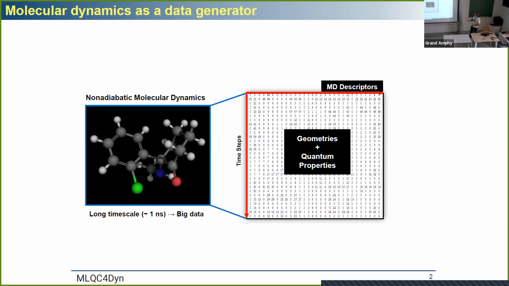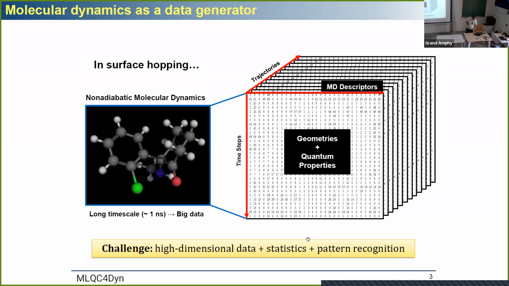So the task is, given a big table like this one, we want to figure out what are the important internal coordinates of the molecule that are responsible for some chemical reaction, or chemical process in general, that is more important in this process. In particular, if we are talking about surface hopping dynamics, as was already introduced in the previous talk, we need to add one more component to this diagram, that is the number of trajectories, or multiple trajectories, that we should execute to get the quantum information from the statistical ensemble of this set of trajectories.